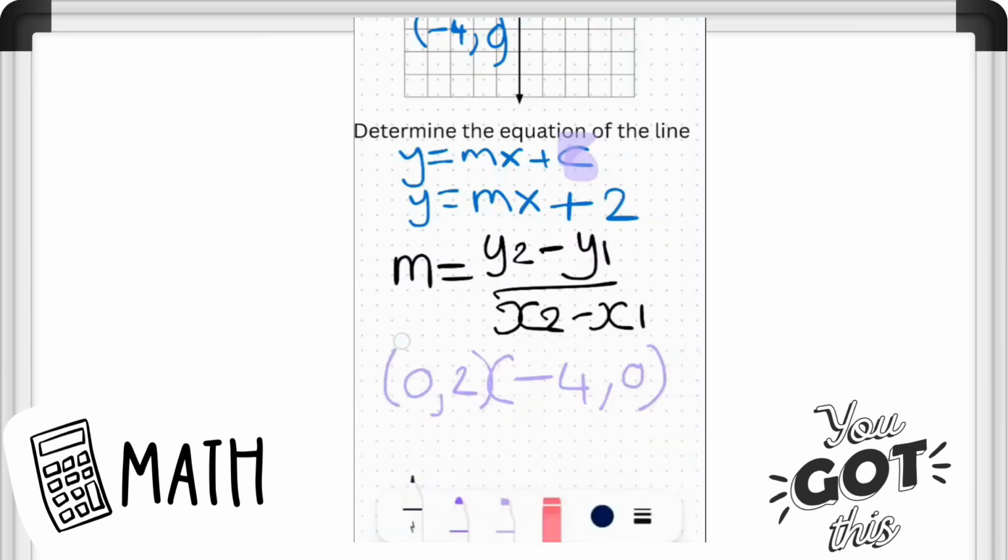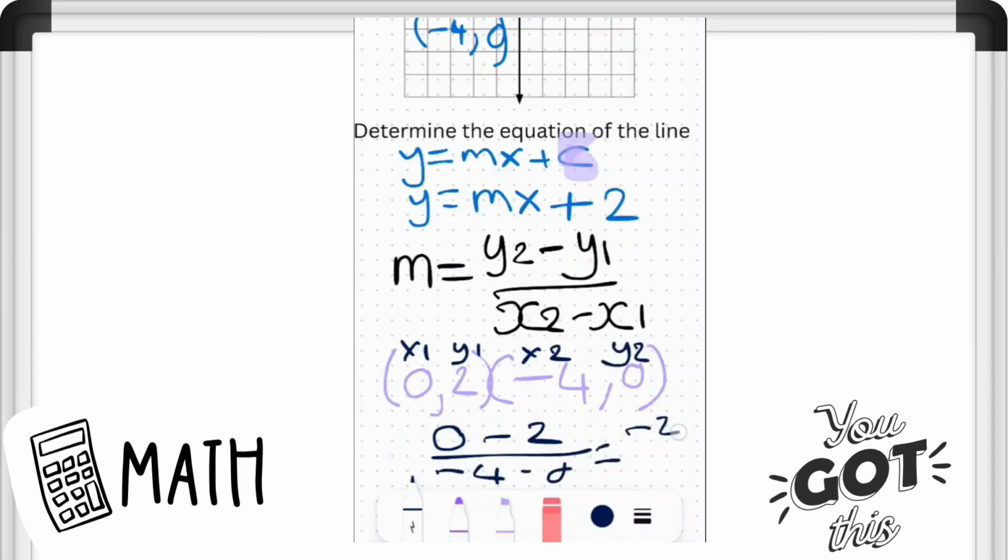So if we go plug this information in, this is our first x, this is our second x, our first y, and our second y. So we are going to have 0 minus 2 over -4 minus 0. So that gives me -2 over -4.